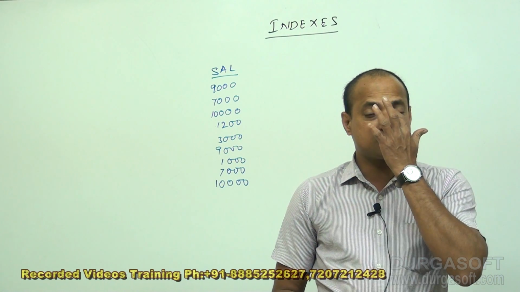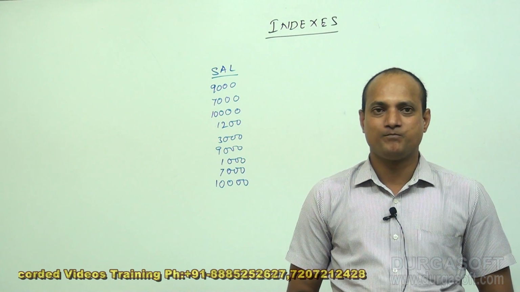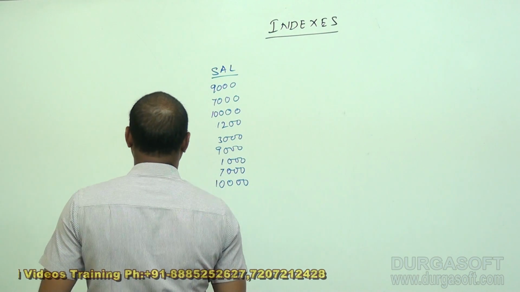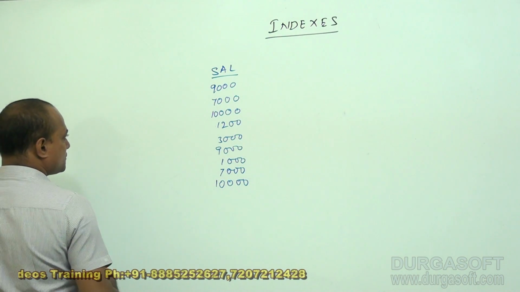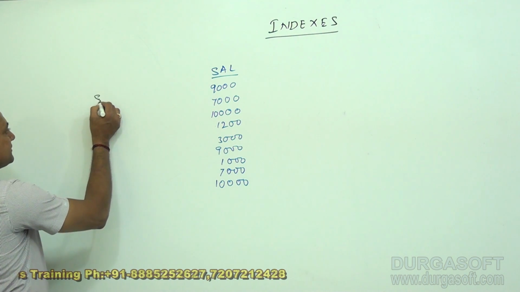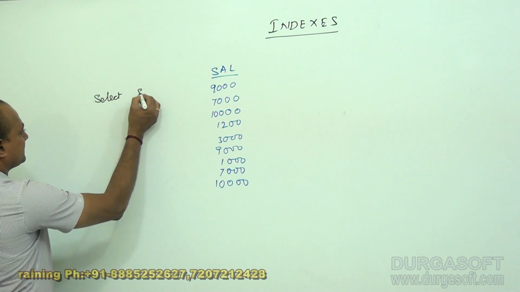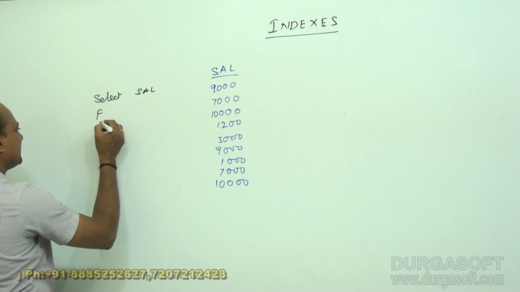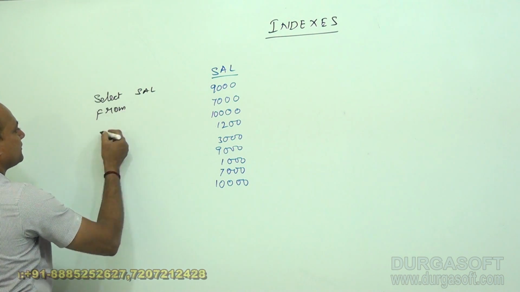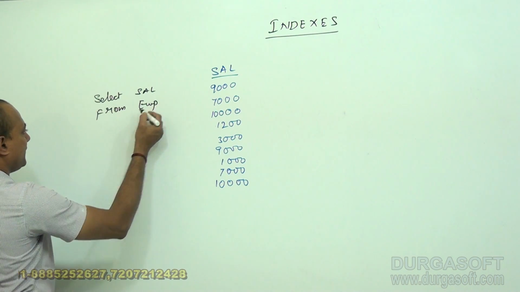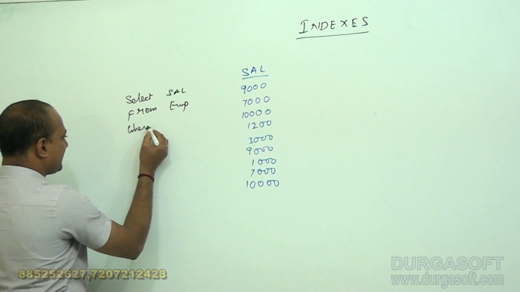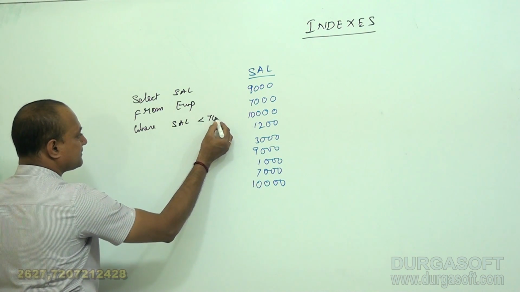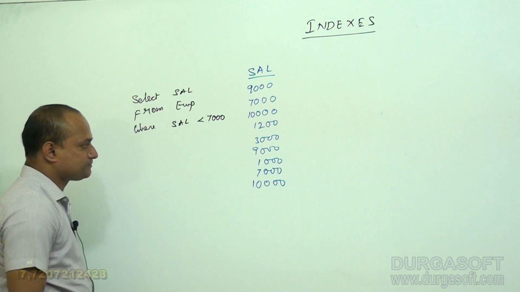If you want to fetch the salaries based on a condition, then we will write a query like this. What is the query? Select salary, whatever you want to select, that's your wish, from EMP where salary less than 7,000.